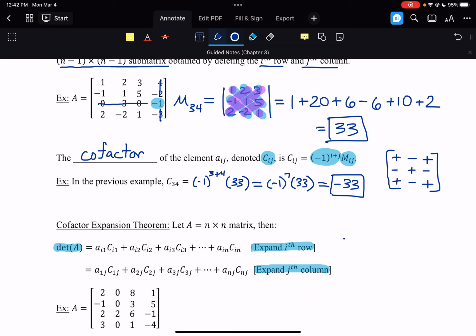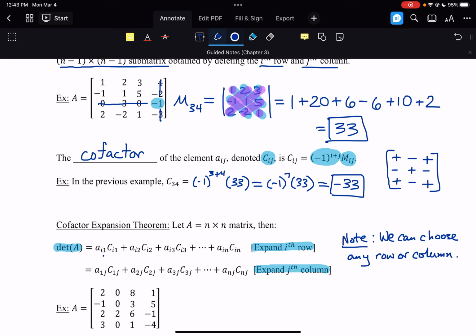So just as a note here, it doesn't matter what row or column you choose. We can choose any row or column. But there are smart ways of choosing particular rows or columns to do the cofactor expansion on.